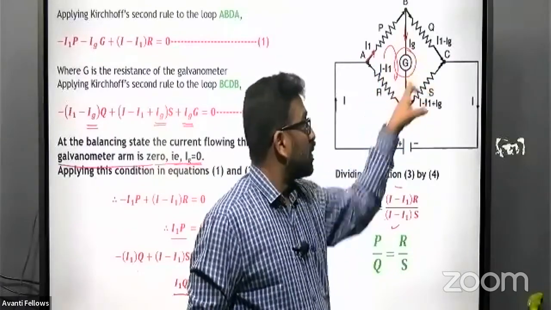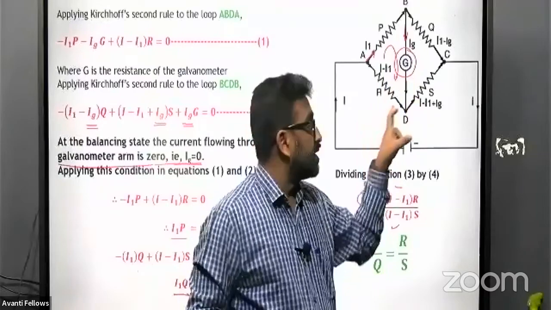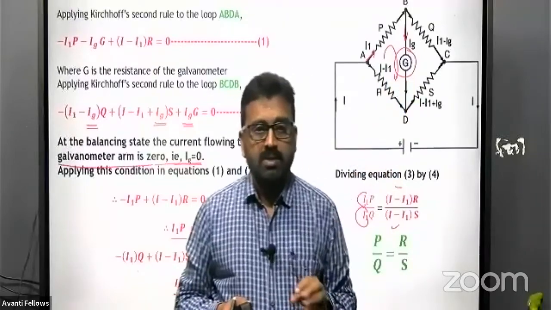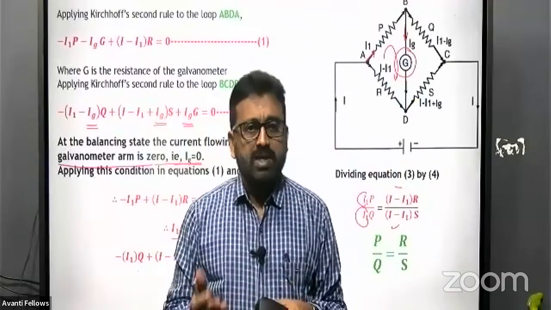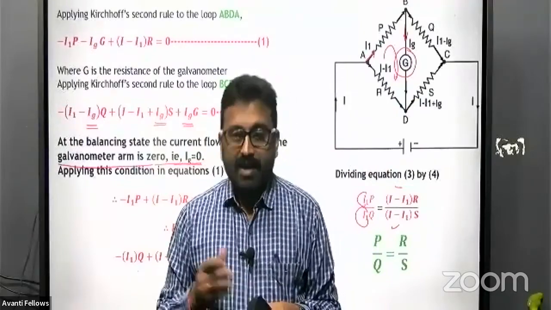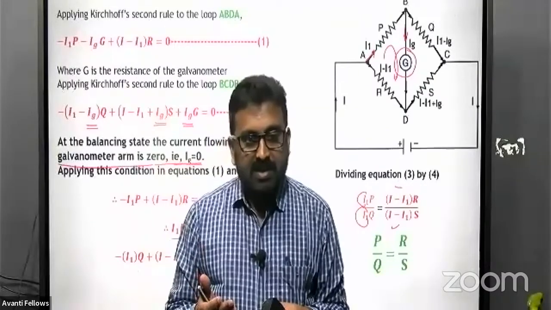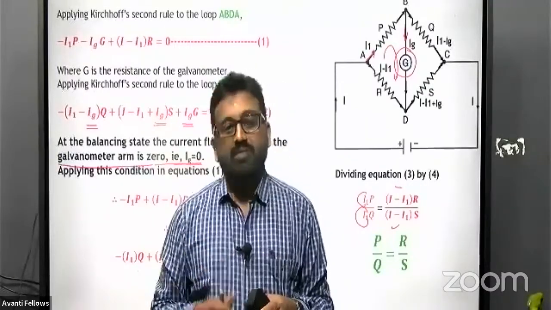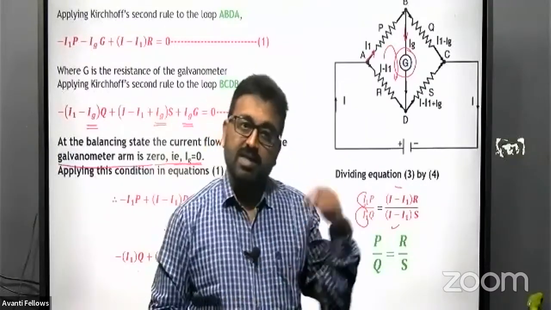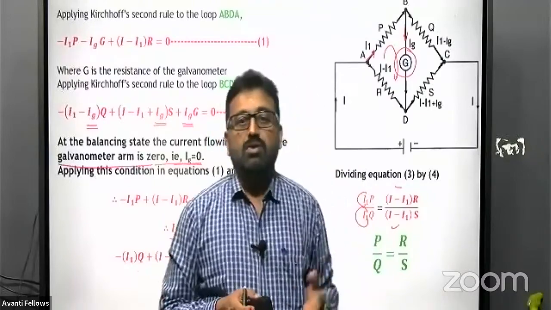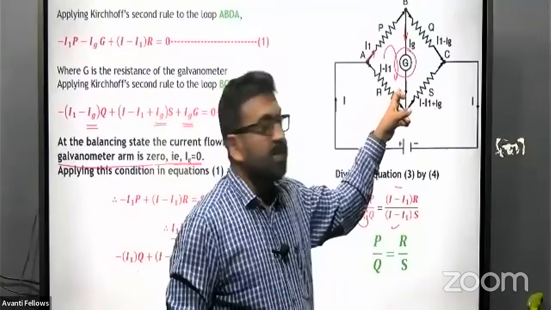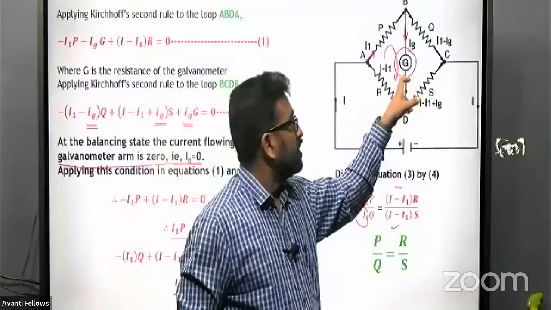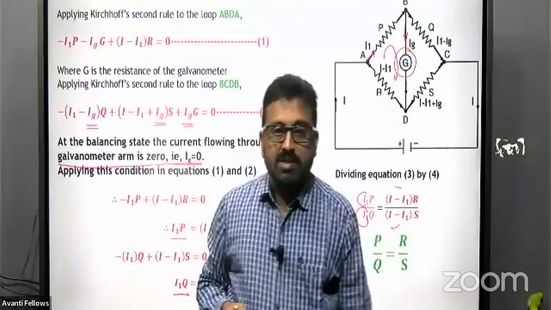If there is no current, the readings will be more accurate, because when current flows through a resistor, a little heat is developed, and its resistance will vary. So in other measuring techniques, we may not get an accurate reading of resistance. Here we get a more accurate reading because the current through the galvanometer is 0.